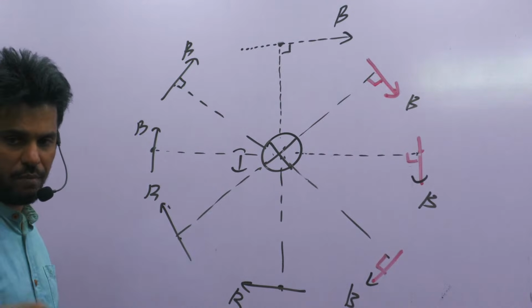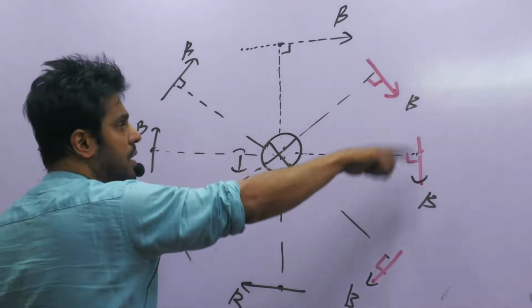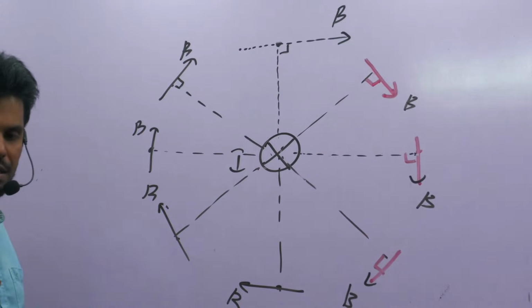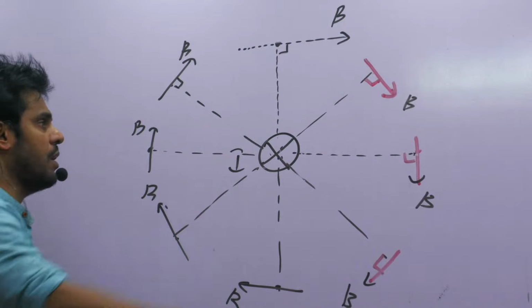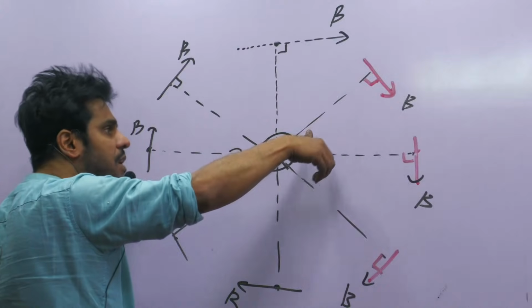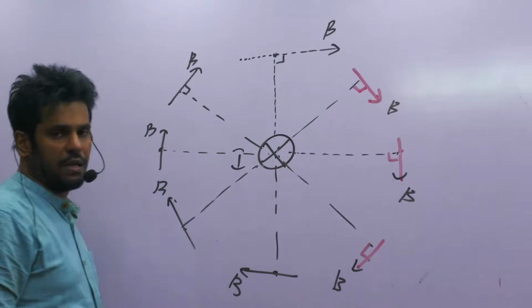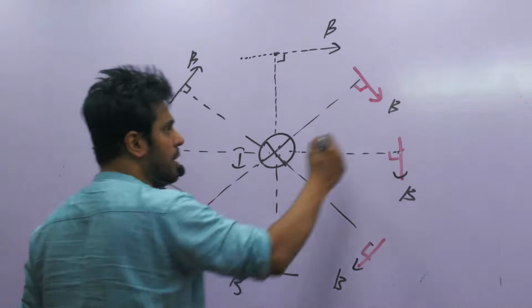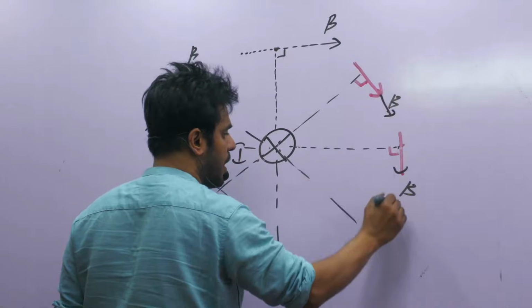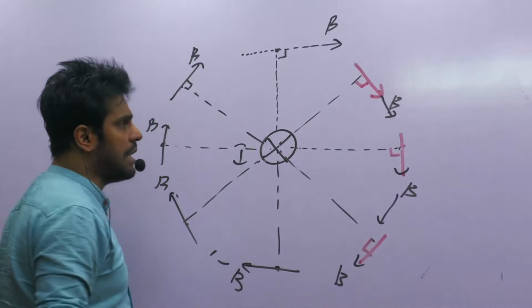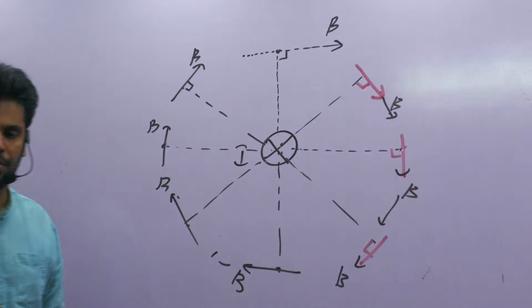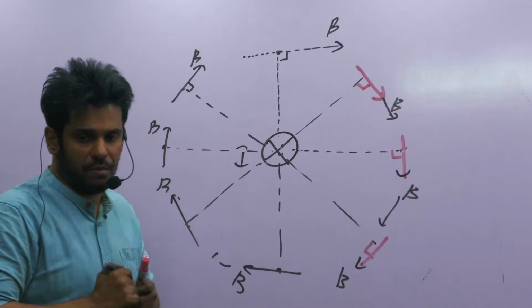Now you can see, this is clockwise, that is the cyclic direction. Now it makes a cyclic magnetic line. So when you join these points, it makes a cyclic magnetic line. So this is the theorem.